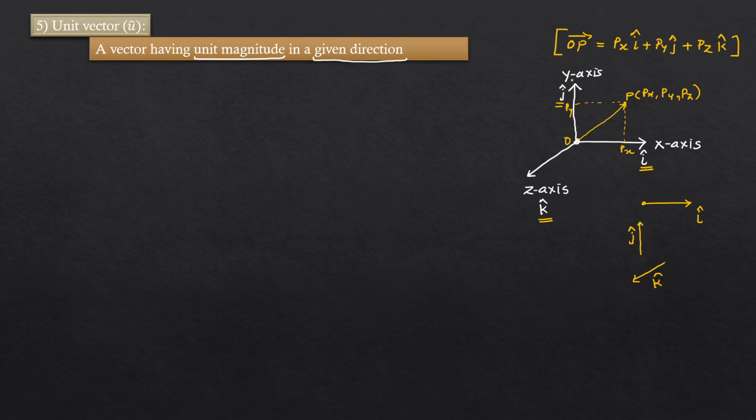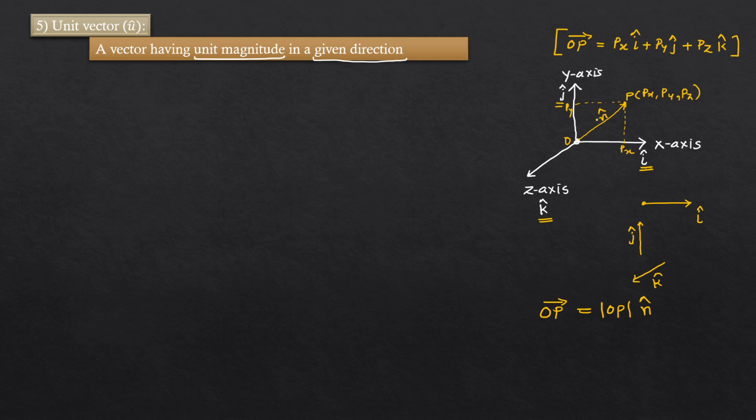So how to represent the unit vector? The unit vector is always represented by the vector divided by its magnitude. Any vector, suppose this OP bar, has some magnitude and some direction, n cap. Now the direction i cap, j cap, k cap, let's assume this direction is n cap.